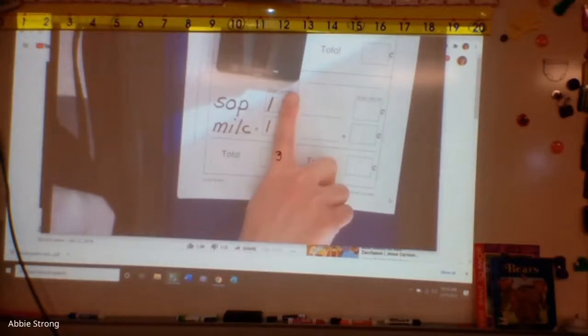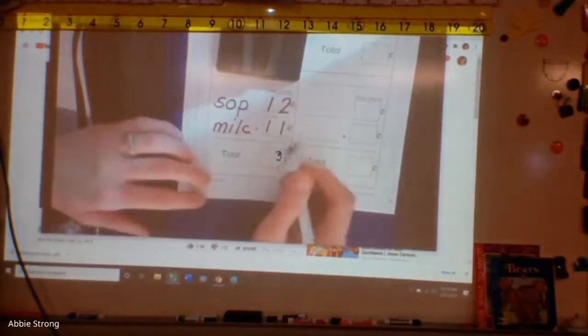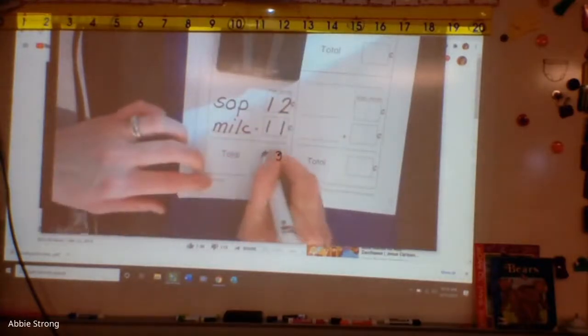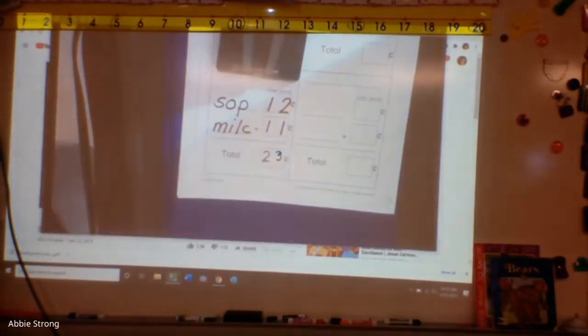Oh, she's just stretching. 1 plus 1 equals, ooh! Delilah. 2. Good. So we're going to write a 2 here. I'll write that for you. What is the total? The cashier says your total is, Haley, 23 cents. 23 cents. Good.